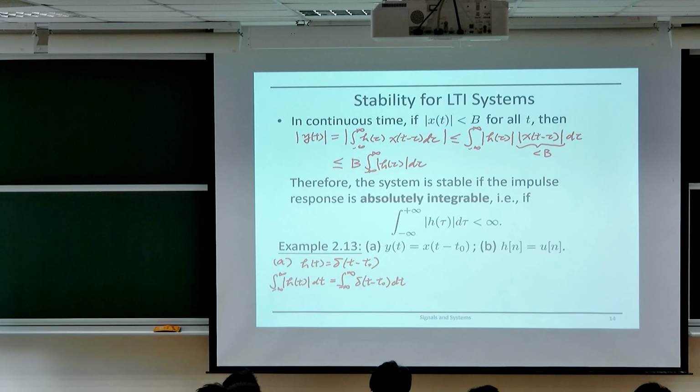When you integrate over an impulse function, the integral is just equal to 1, right? The area of an impulse is always 1. And because 1 is finite, this implies that the corresponding system is stable.